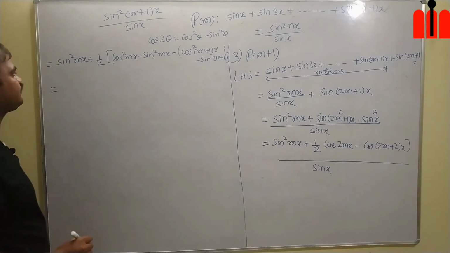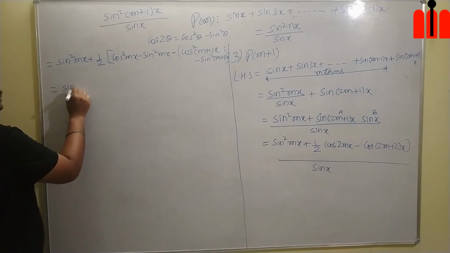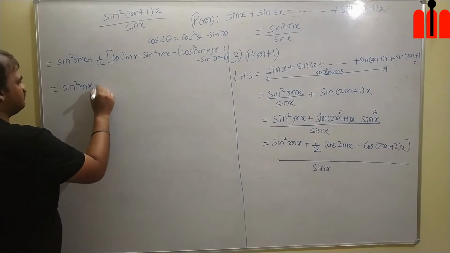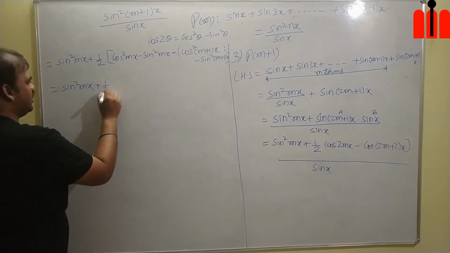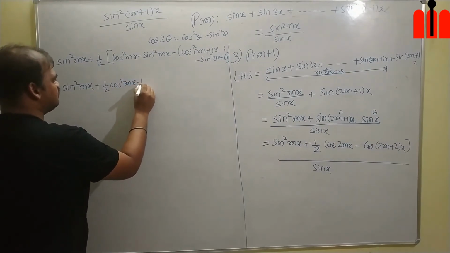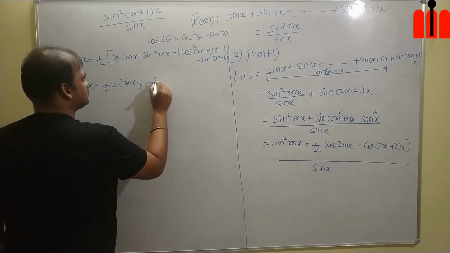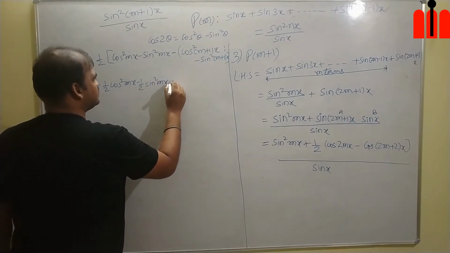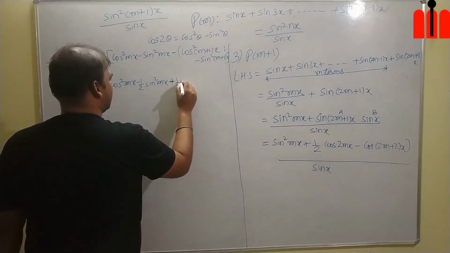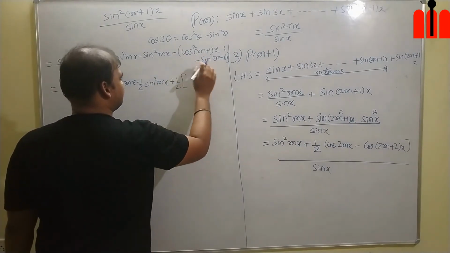So now what we will do, we will take sin square mx plus half cos square mx minus half sin square mx, minus, we will take it as plus half. Let's multiply the minus inside.